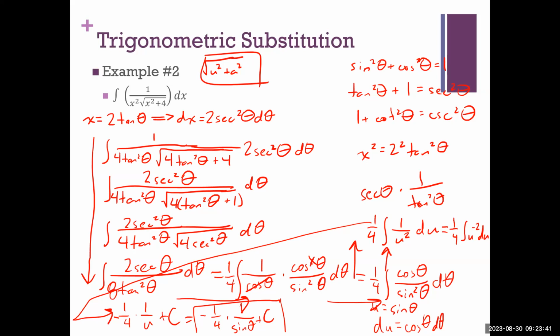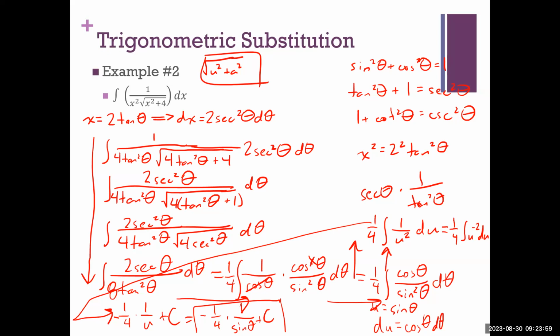Go ahead. Do they have to be under the radical? Those are the ones we're going to deal with. But if it was just x squared times x squared plus 4, would we also use them? So let's think about why this works.